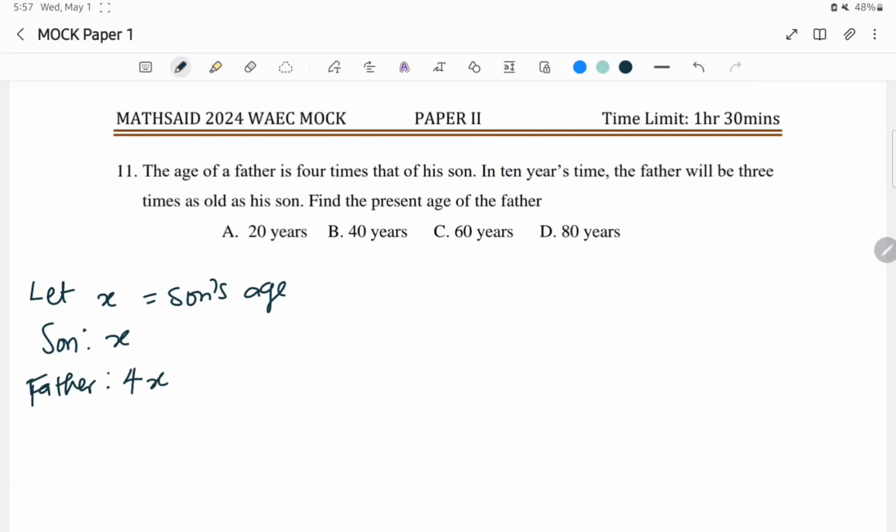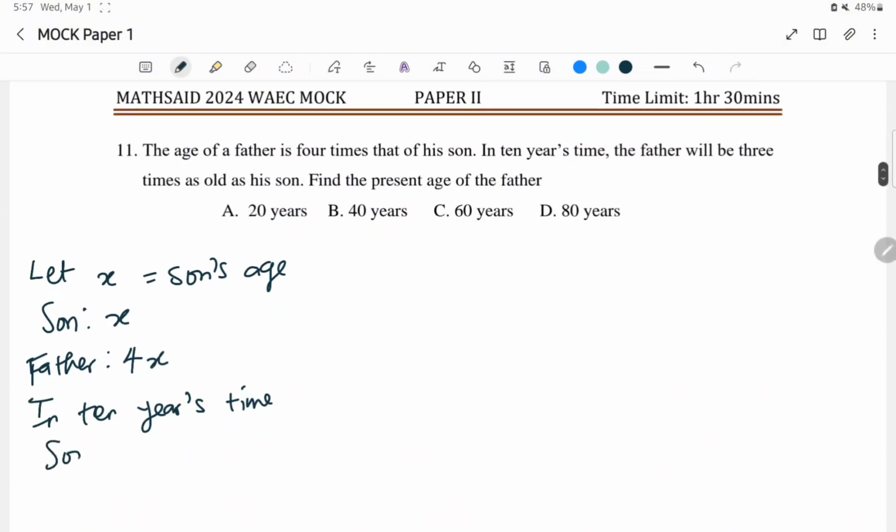In 10 years' time, before you evaluate what the ages will be from the information in the question, you need to first of all write what the son will be in 10 years' time, and that's x plus 10, and the father will be 4x plus 10.